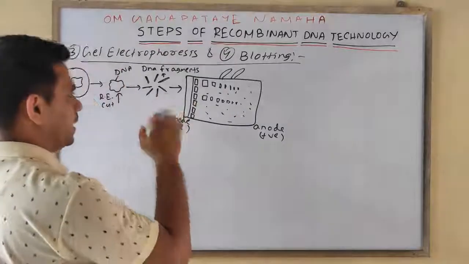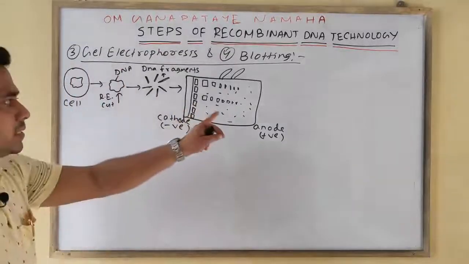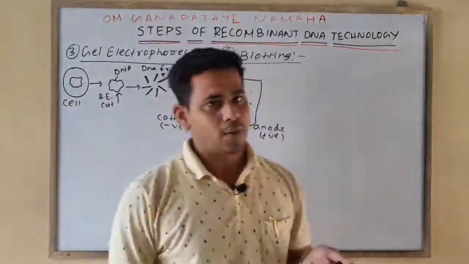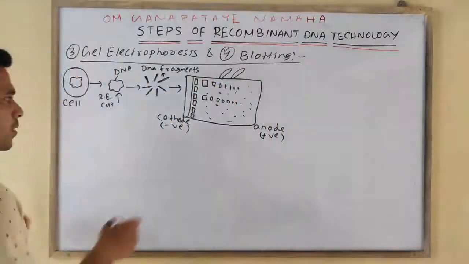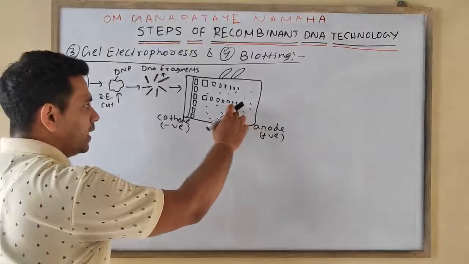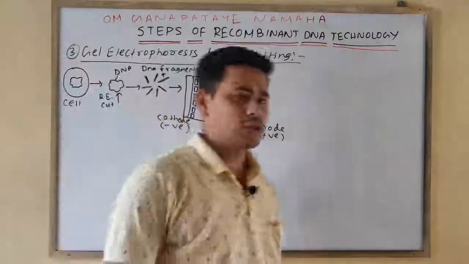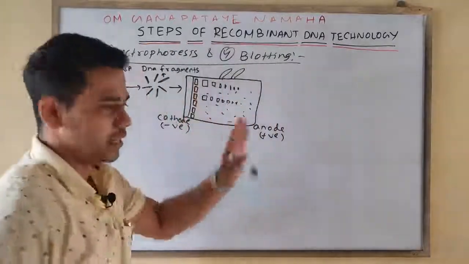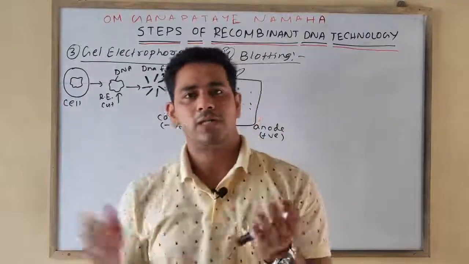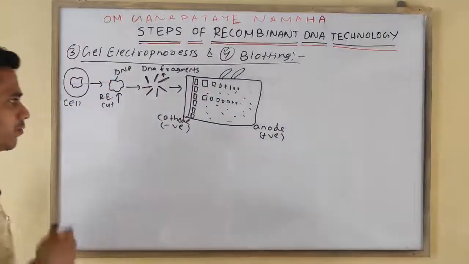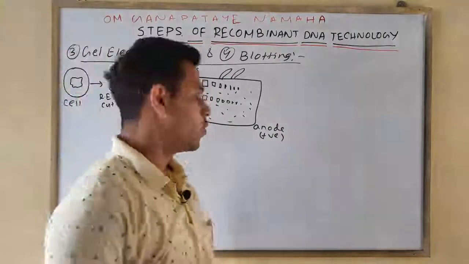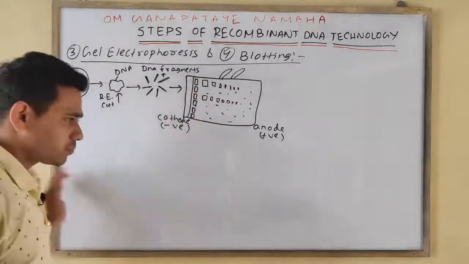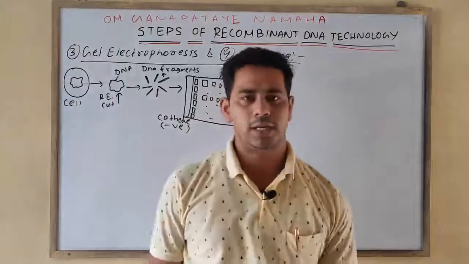Here the DNA is arranged in the gel. The gel used is agarose gel, or polyacrylamide in the case of protein. In the gel it is difficult to extract the DNA. We found the pattern of the DNA, but it is difficult to extract it, so for that we will use the blotting technique. The DNA we have now is double stranded DNA.